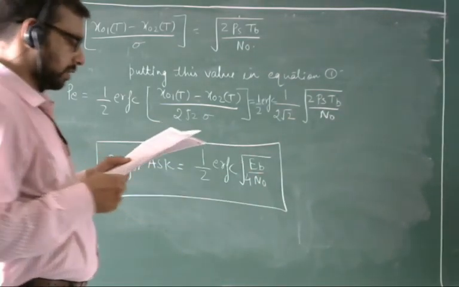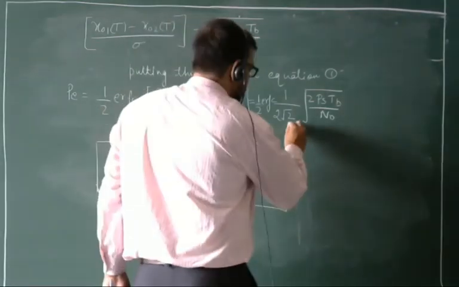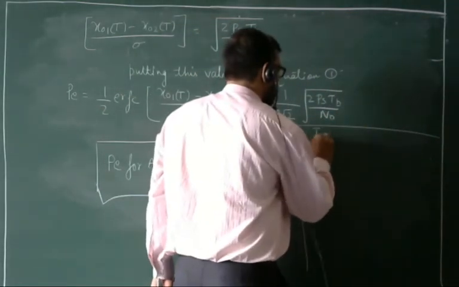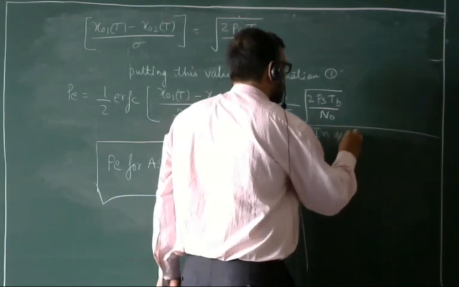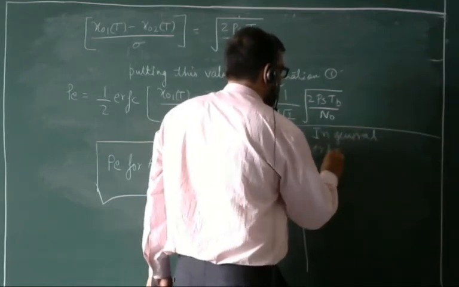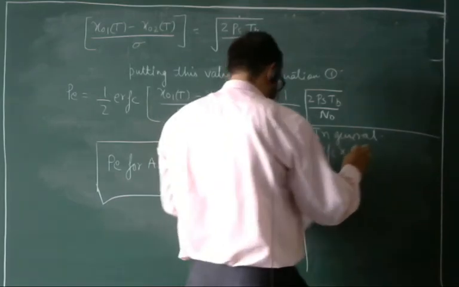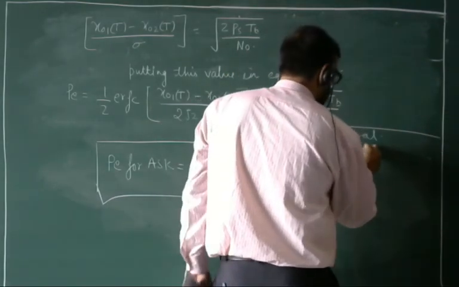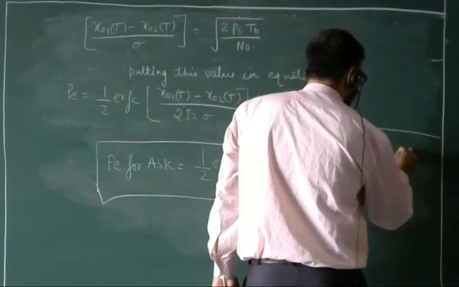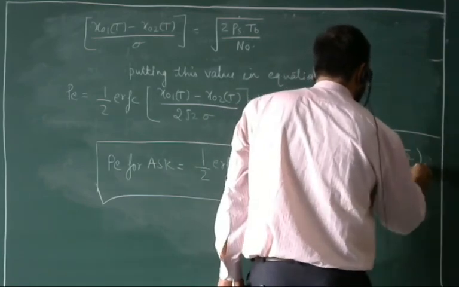Now in general, the error function x is represented by 2Q x under root 2.